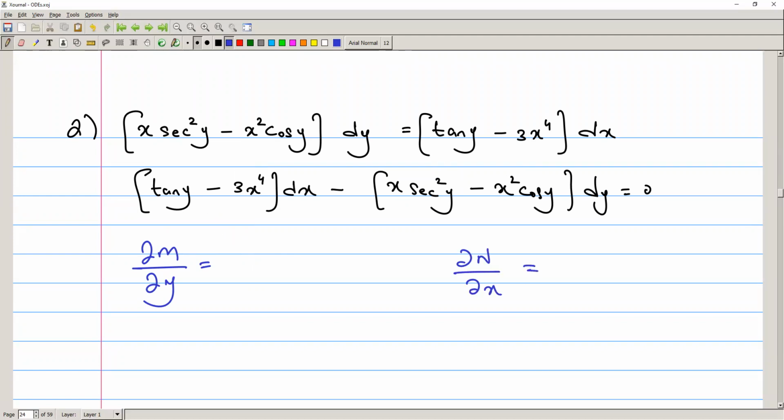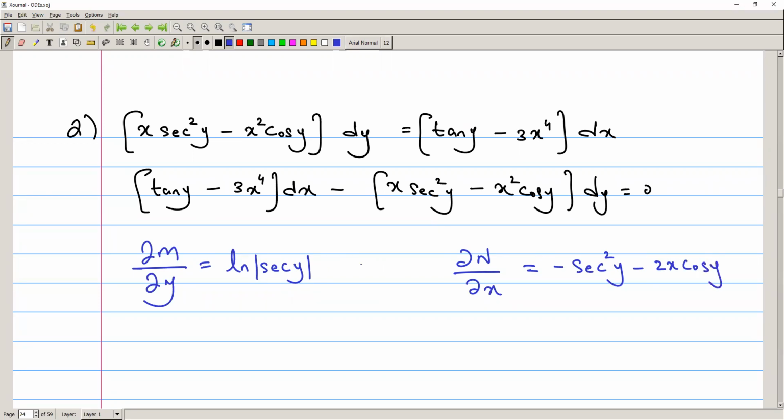So ∂M/∂y, the derivative of tangent y, will be sec squared y, and for 3x^4 it will be 0, and for this one it will be negative sec squared y minus 2x cosine y.